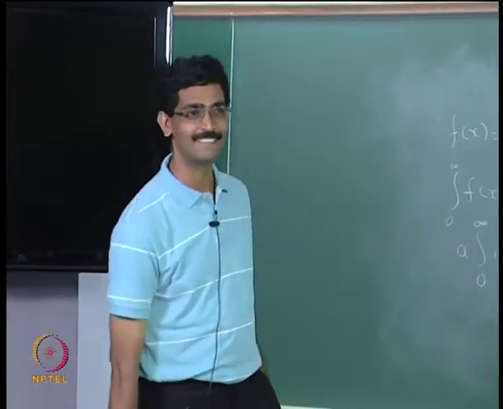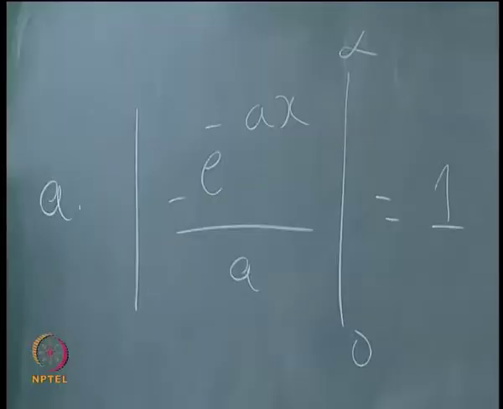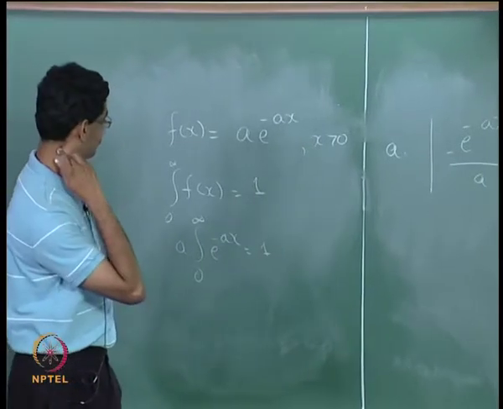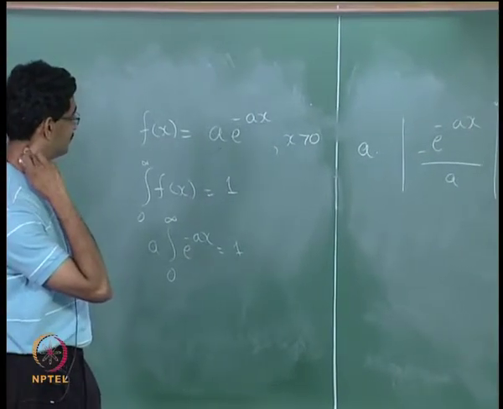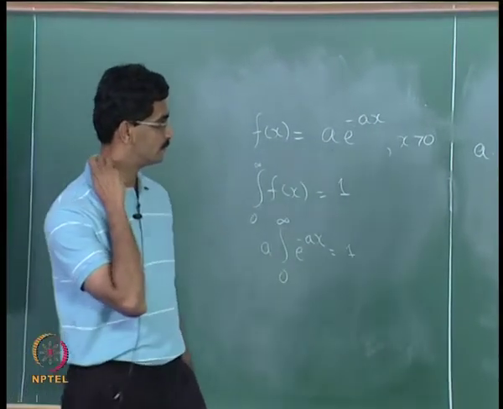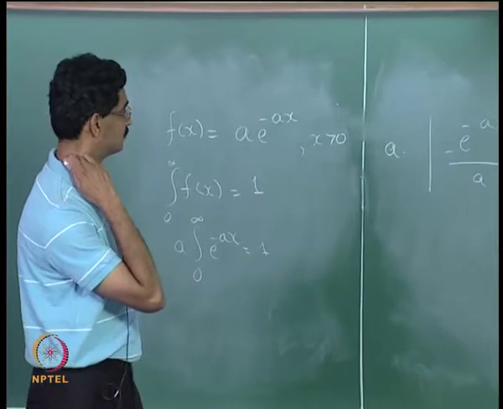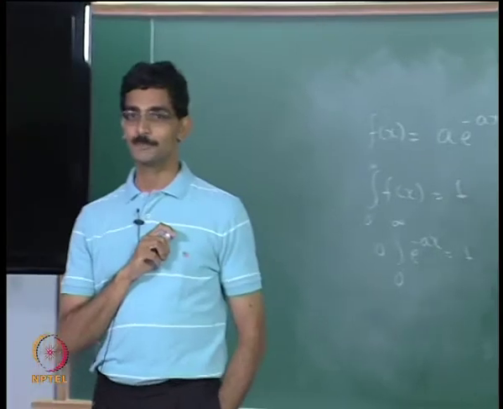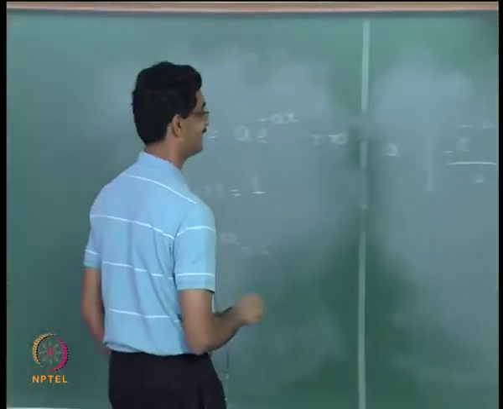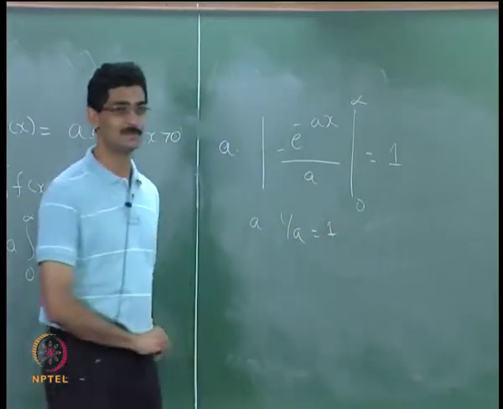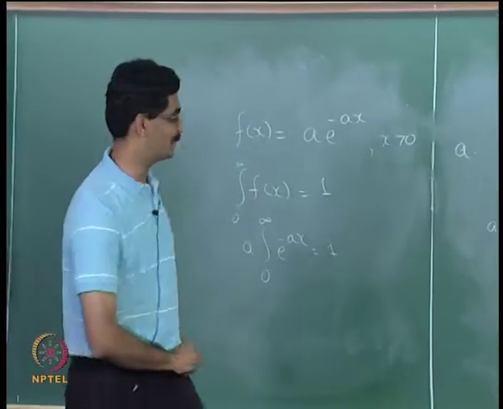Is that right? It's been a long time since I did my integration. So therefore what does it work out to? This is a and this is 1 by a, so that is good, so 1, so that is right.